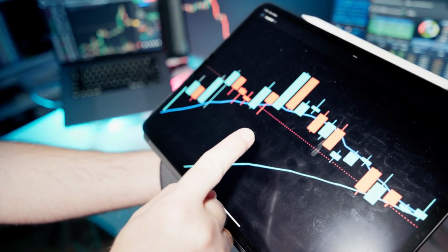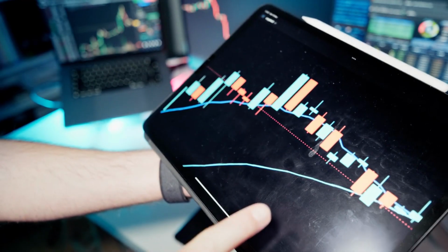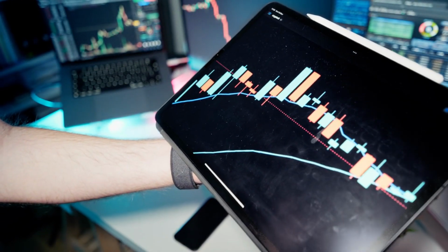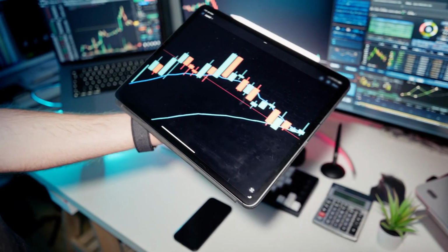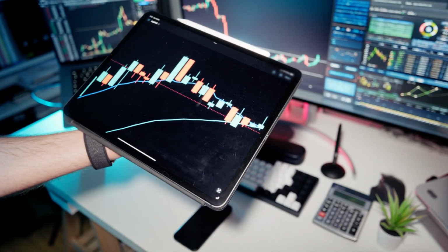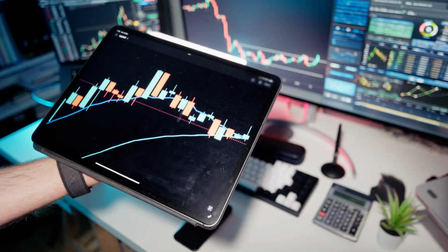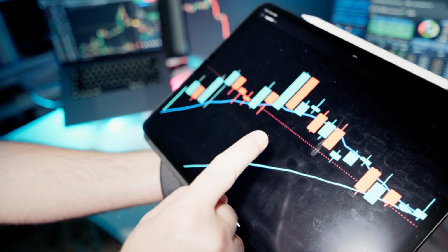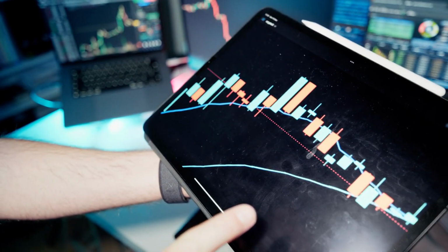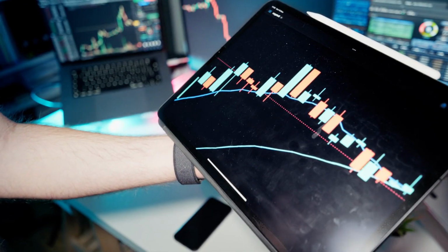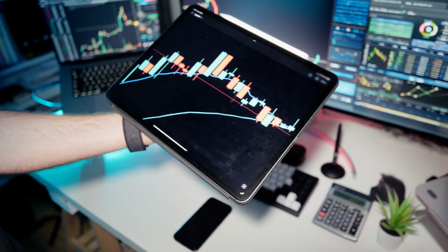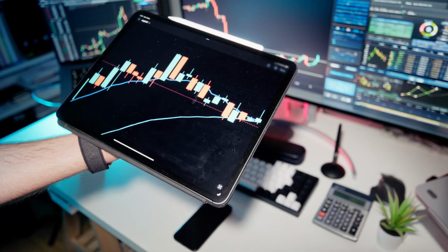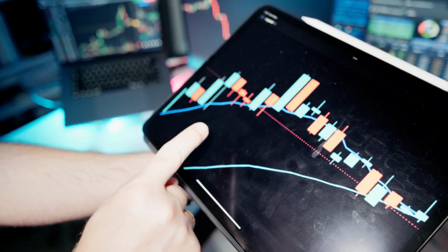For instance, platforms like Zacks Investment Research have AI-powered tools that provide stock ratings based on deep learning algorithms. This means you can quickly assess hundreds of stocks to find potential opportunities without spending hours doing manual research. Utilizing these tools can drastically reduce the time you spend on analysis while increasing the accuracy of your investment decisions.